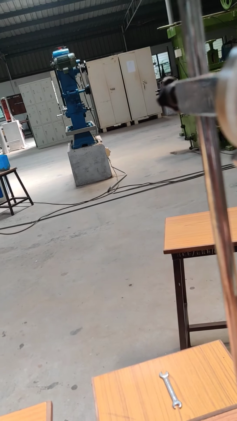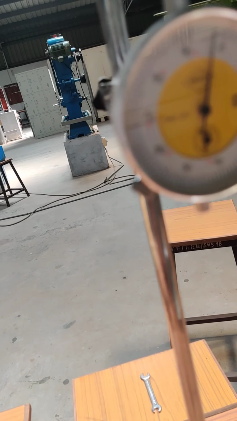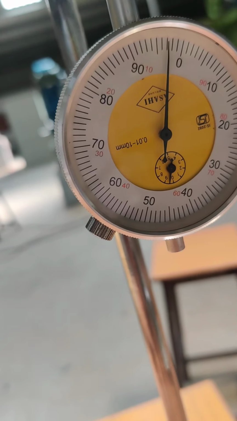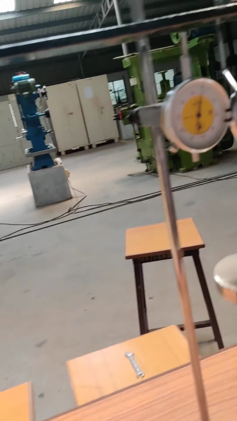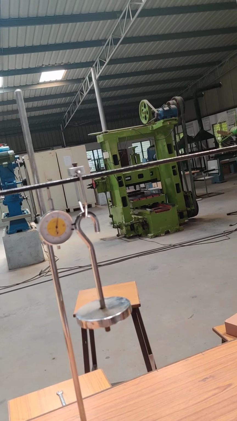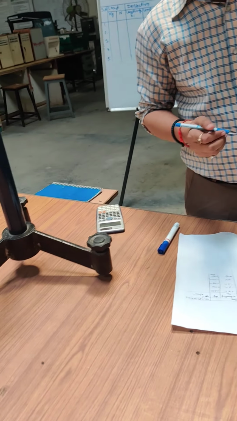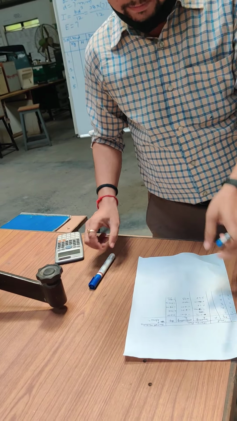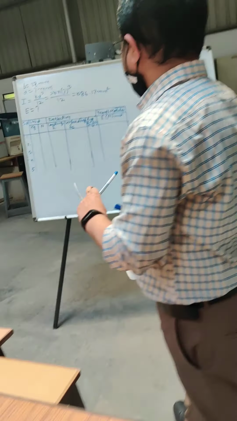Again we have to take 0.03, minus 0.03 is the unloading reading. So we have to take all these readings and write them in this table.